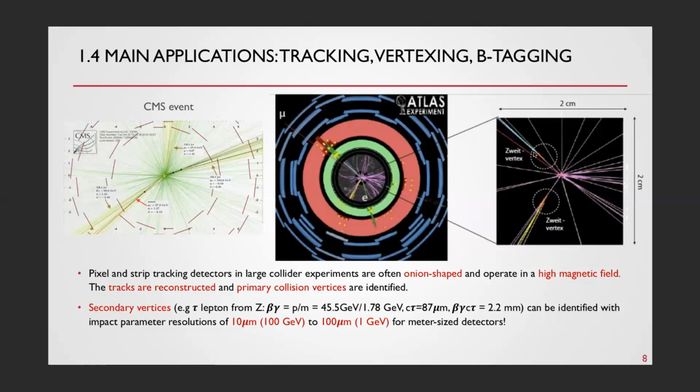So the secondary vertices can then be reconstructed with a very small error ellipse, and the tau leptons can be identified with very high efficiency. So these are the main applications brought to reality, if you want.